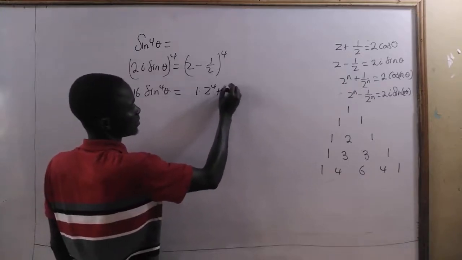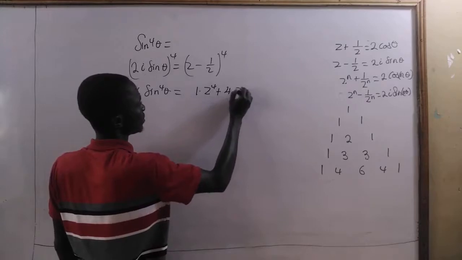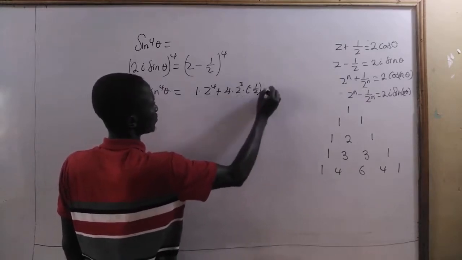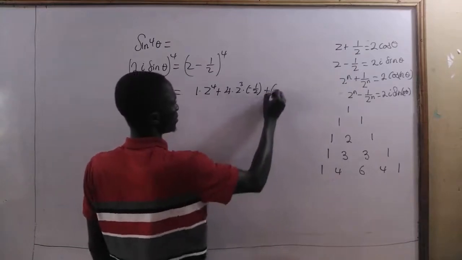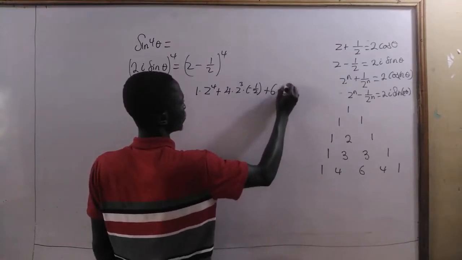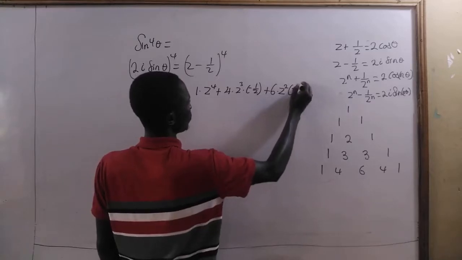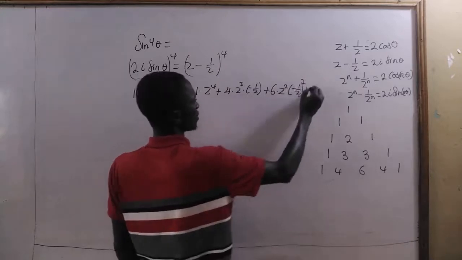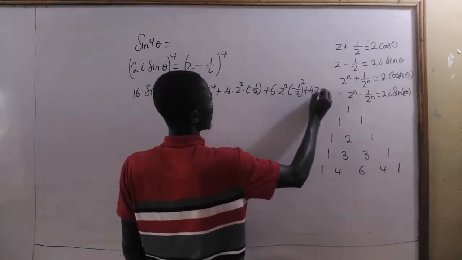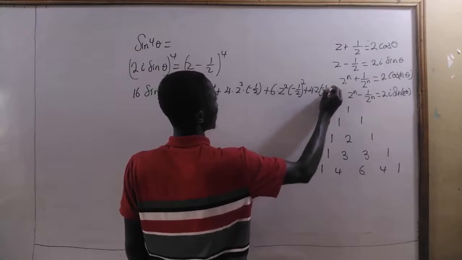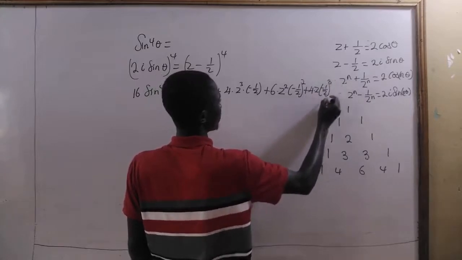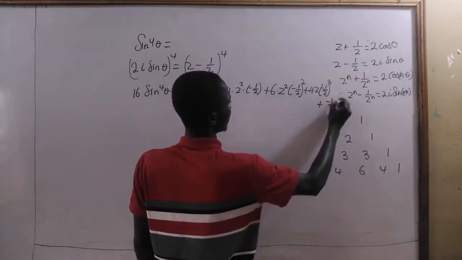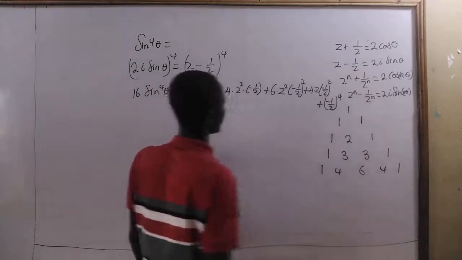plus 4 times z times negative 1 out of z plus 6 times z squared negative 1 out of z squared plus 4 times z negative 1 out of z cube, then plus negative 1 out of z all to the power 4.